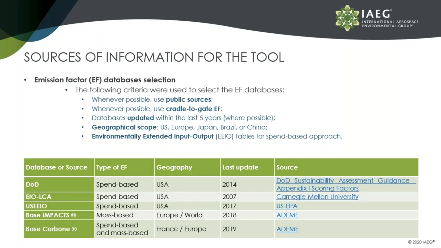Whenever possible, we want the emission factor to be what many of you know as cradle to gate. So cradle to gate is the upstream impact of a particular material or, in this case, component. Using metals as an example, cradle to gate is the greenhouse gas emissions associated with the mining of the ore, the refining of the ore, the creation of the steel, the cutting of the steel, the stamping of the steel, the transportation of the steel up to the gate of your factory, where you then take the steel and use it as part of your product.